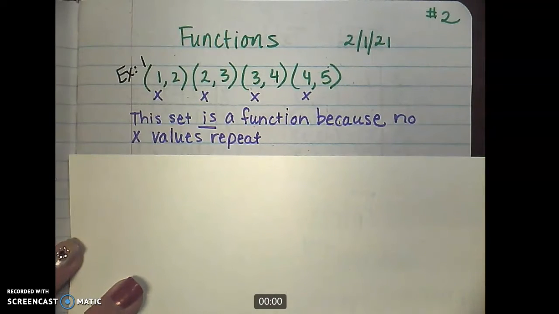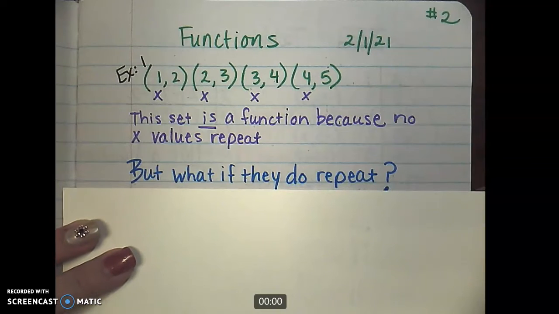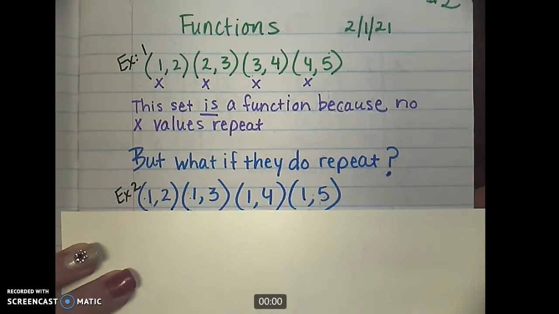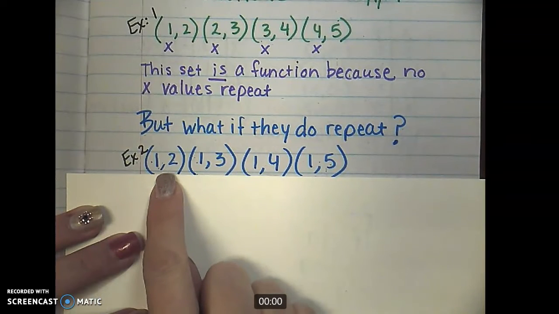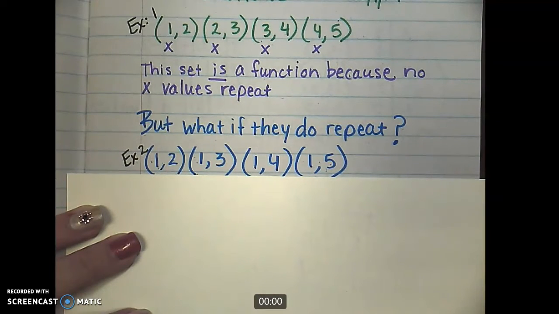Okay, so here's another example. What if the x values do repeat? Here we have 4 ordered pairs. We have 1, 2, 1, 3, 1, 4, and 1, 5.